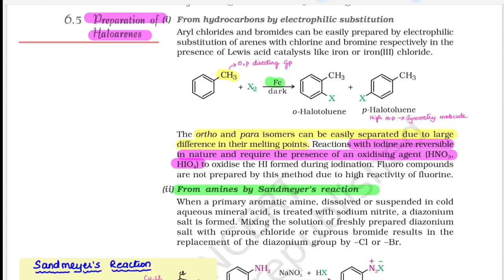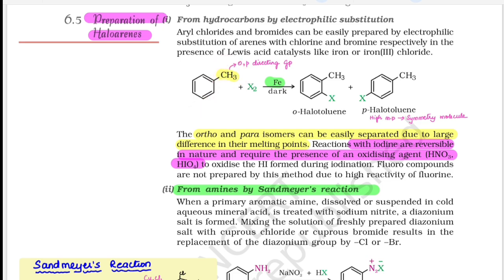Now we are going to study the preparation of haloarenes. Haloarenes means the halogen is directly attached to the benzene ring. To prepare them, take toluene, which is a methyl group attached to a benzene ring.